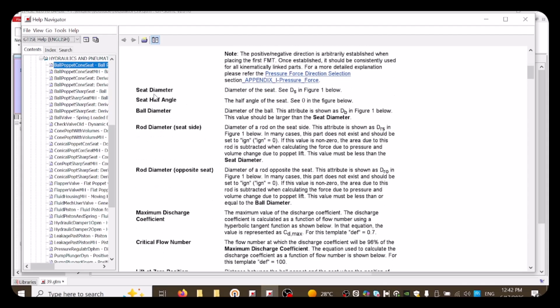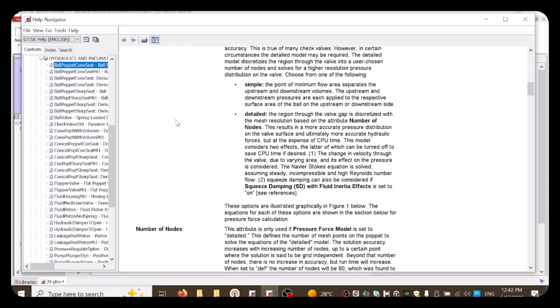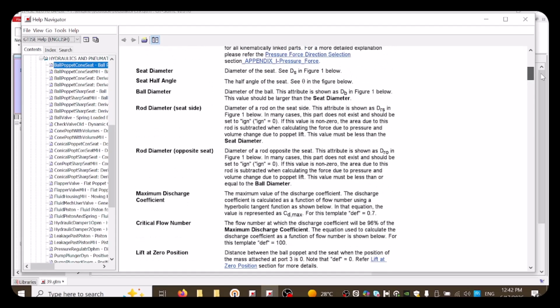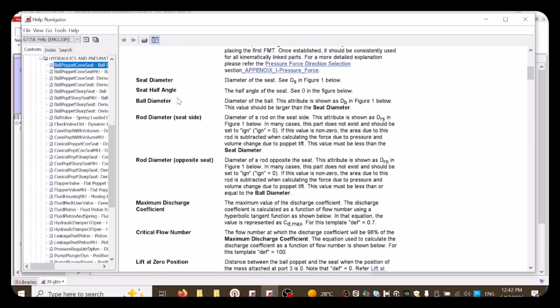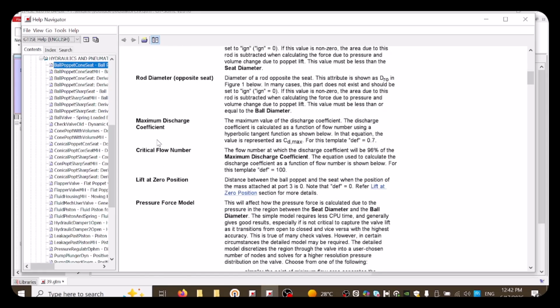And seat diameter is the diameter of the seat. We have seat half angle, ball diameter, rod diameter, and maximum discharge coefficient. What is this? The maximum value of the discharge coefficient.